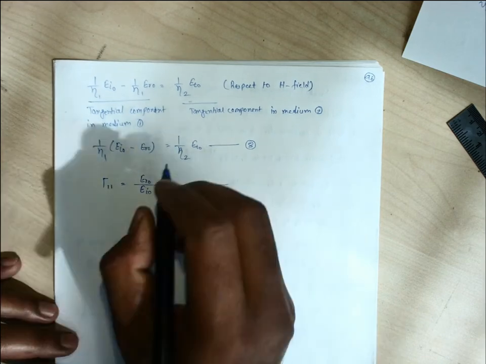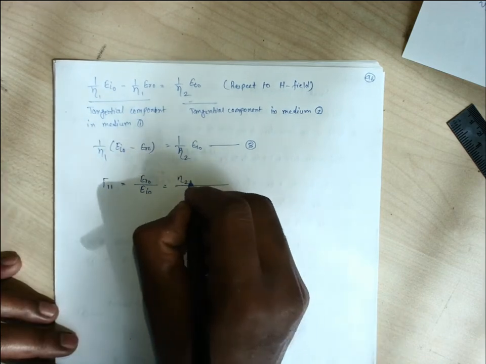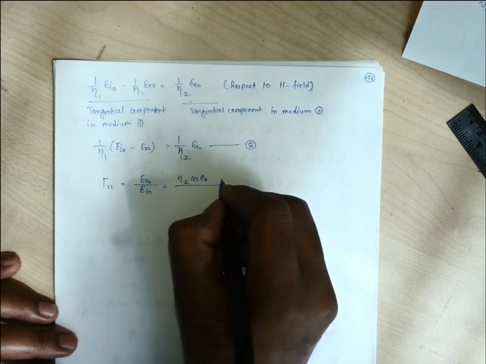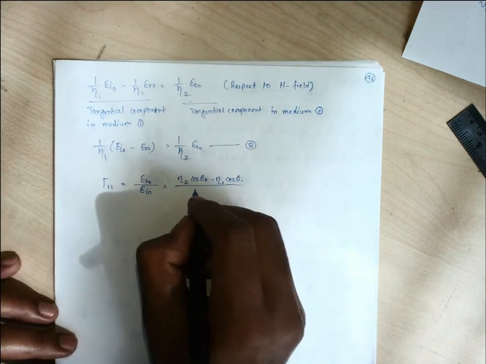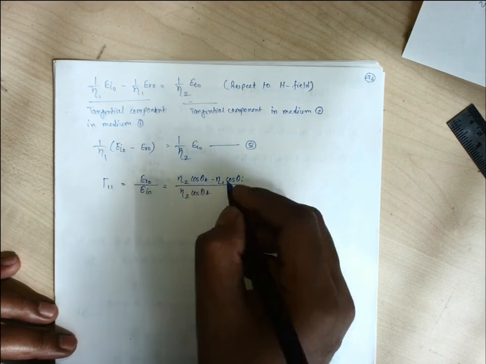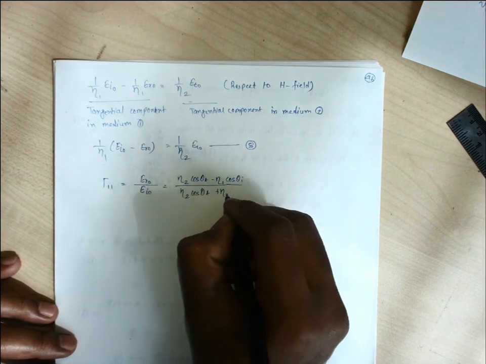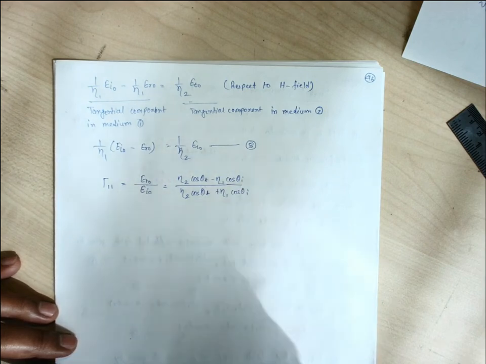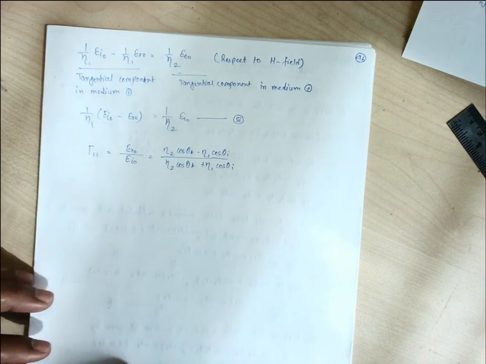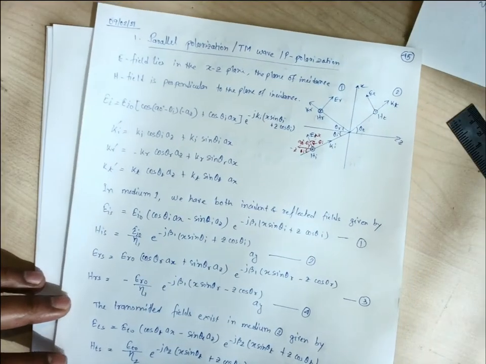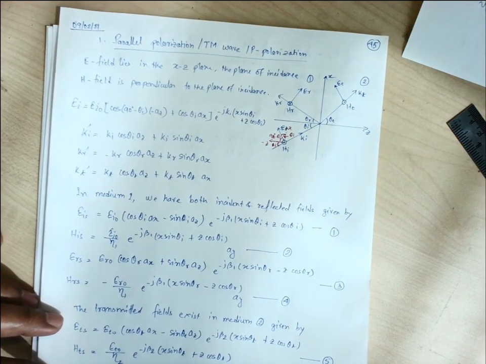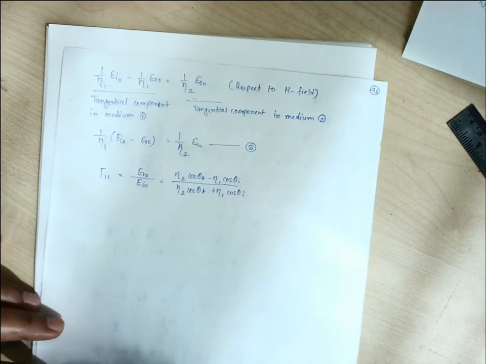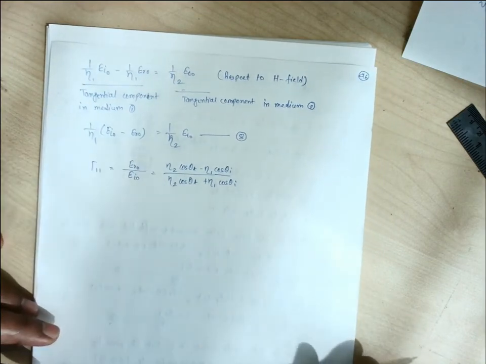So we can write down this one as eta 2 cos theta t minus eta 1 cos theta I by eta 2 cos theta t plus eta 1 cos theta I. So this is the reflection coefficient.